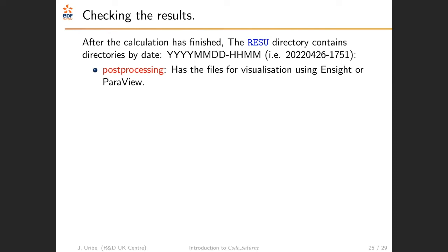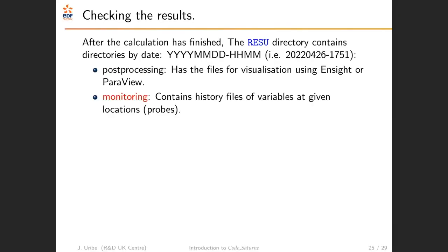These files have a copy of the mesh in its own format, so it would be a large file if the mesh is large, and there are single files per variable. If you chose to have monitoring points and to see the evolution of the variables as the calculation iterates, you will find that in the monitoring directory.